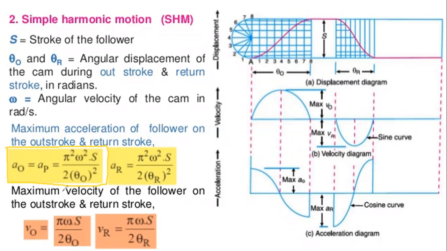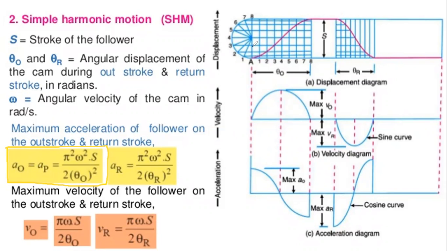Omega is given in the question, that is the angular velocity, theta O is the angle, and s is the stroke of the follower, the length of the stroke of the follower. So by directly substituting we will get the value of the acceleration of the outward stroke.